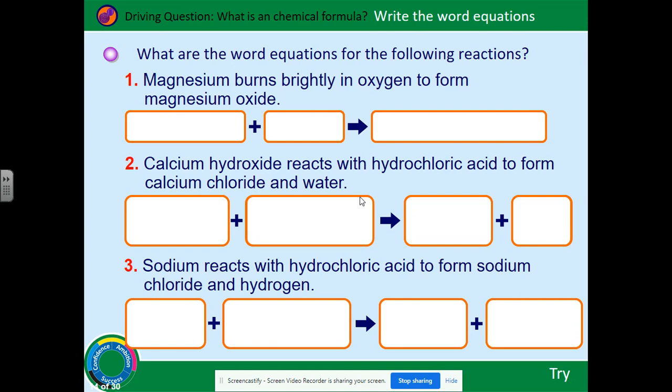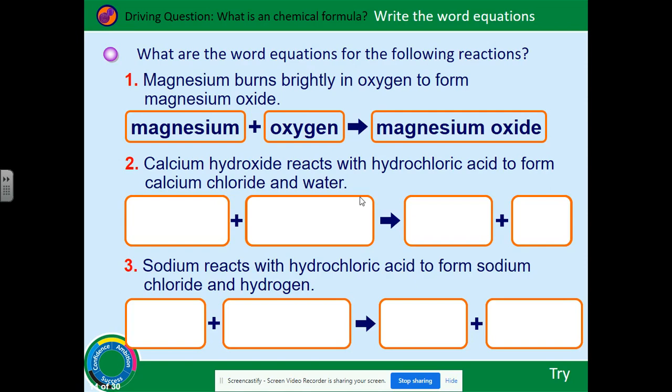Always remember the product is a mixture of two or more substances. So in this case, the reactants would be magnesium and oxygen, and the product would be magnesium oxide.